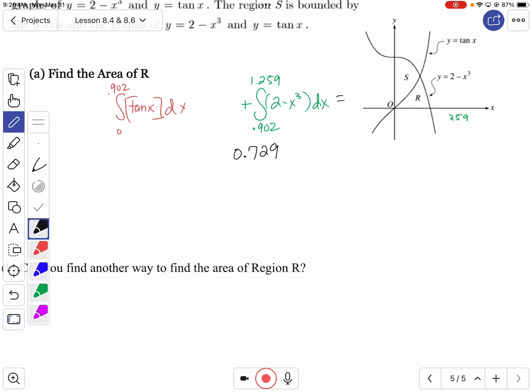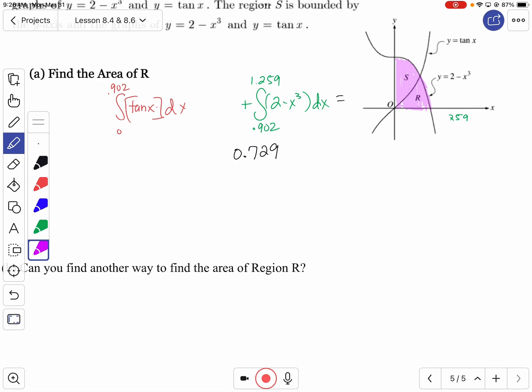We want R. What are some thoughts? What if we did S and R together? Then what would I need to take out? I would take out S. Okay, so another way to do that.